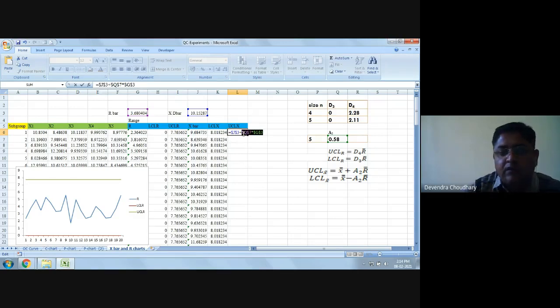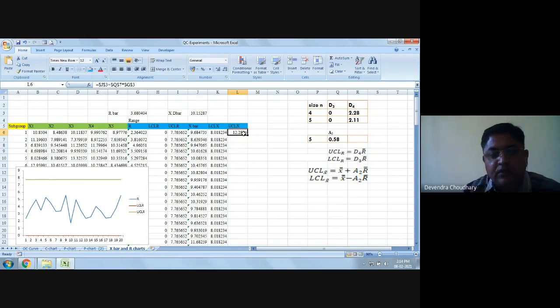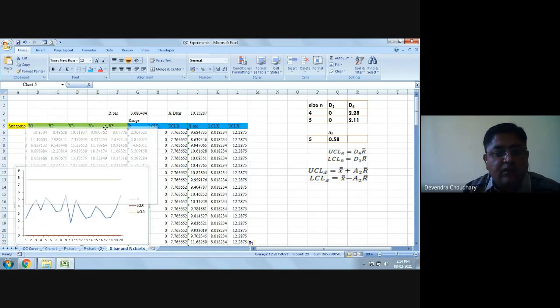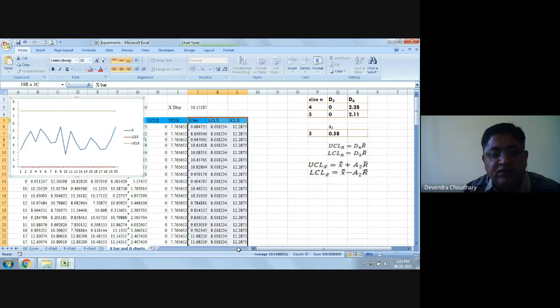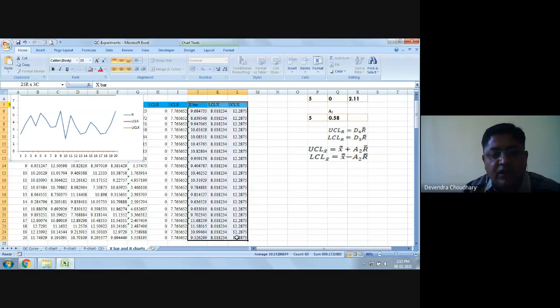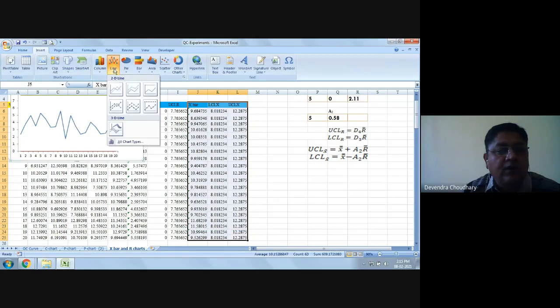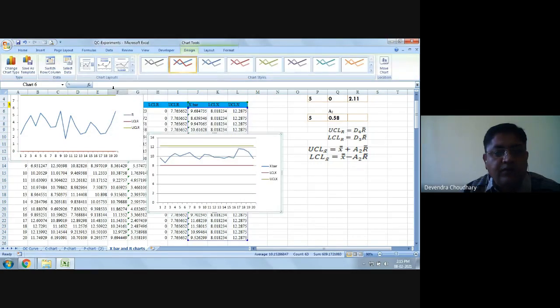So upper control limit comes out this much. Okay. Now we plot another chart, that is your X bar chart. So here we select these three columns and we insert a line diagram that is shown here.